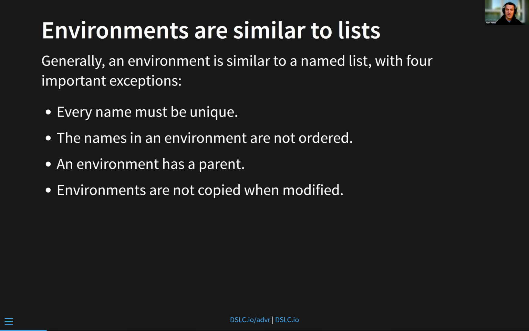And environments use reference semantics, which means they are not copied when modified, meaning they have the same memory address when you modify them, whereas if you modify a list, I believe the memory address changes. So it uses copy semantics, not reference semantics, if that's the antonym.